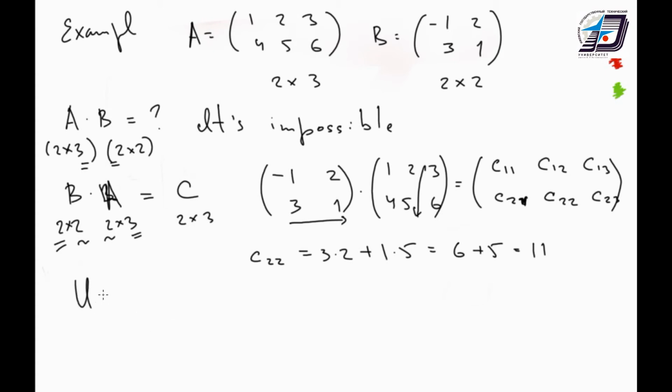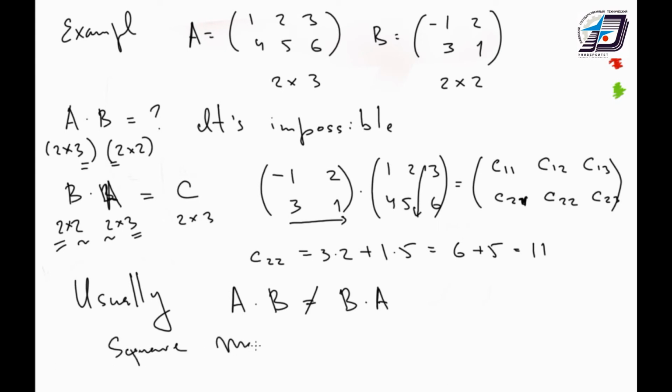So it means that usually A times B is not equal to B times A. But for square matrices, the square matrix is a matrix where the number of columns equals the number of rows.